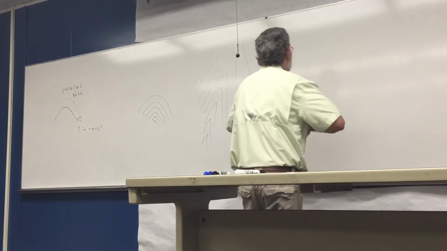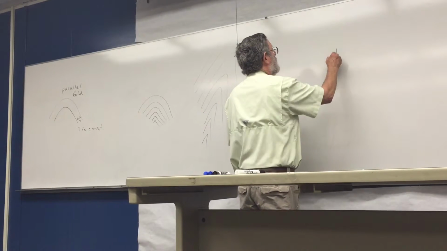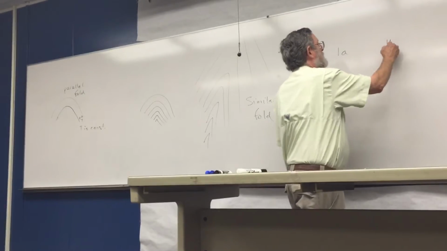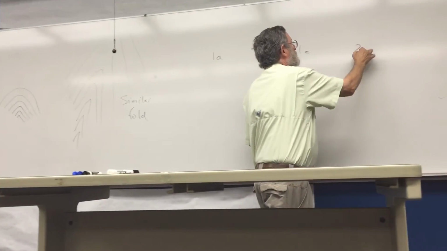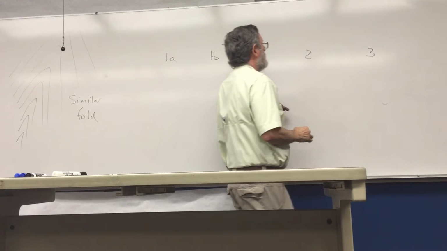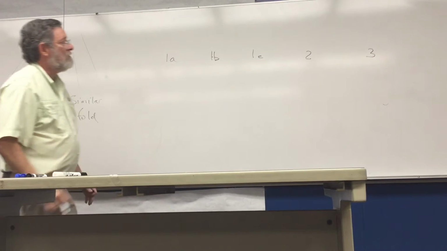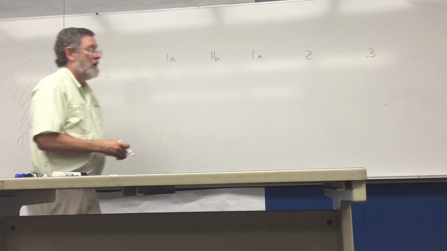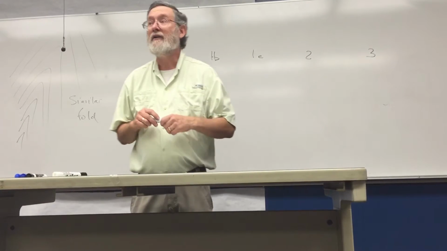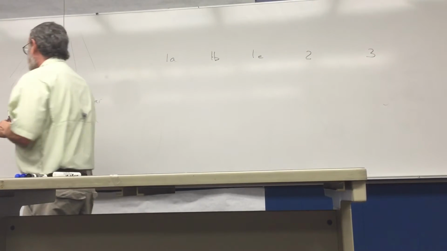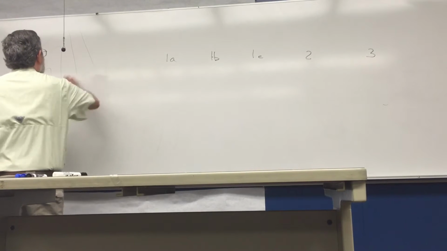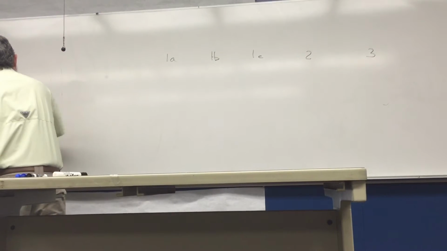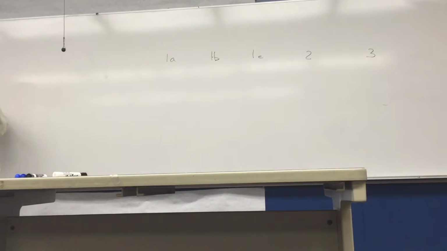And he found really 1A, 1B, 1C, 2, and 3. So he found 5 different general forms of folds, and he used the concept of the dip-isogen to classify. And we need to try to get into his head and understand what a dip-isogen is.